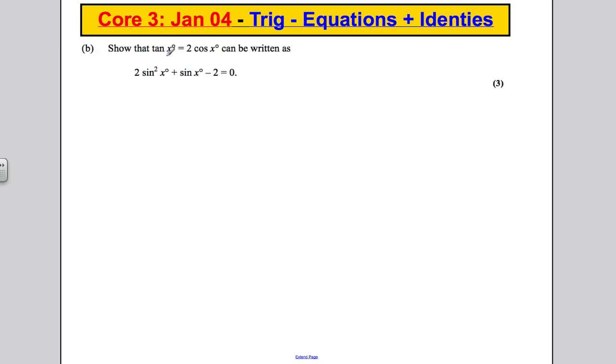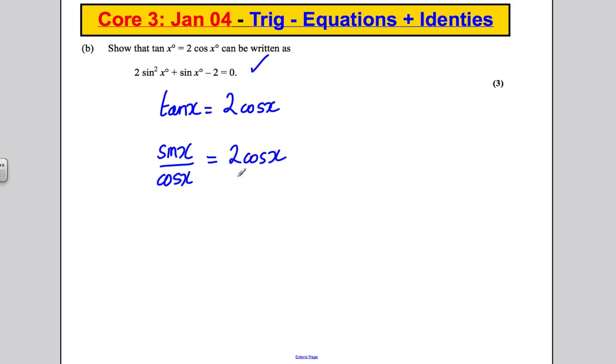Show that tan x degrees equals 2 cos x degrees can be written as following. So we're trying to solve tan x is 2 cos x. We want to show it can be written as following. Well, tan x can be written as sin x over cos x. That's probably our only way to do anything here. We can multiply everything through by cos x. So sin x would be 2 cos squared x.